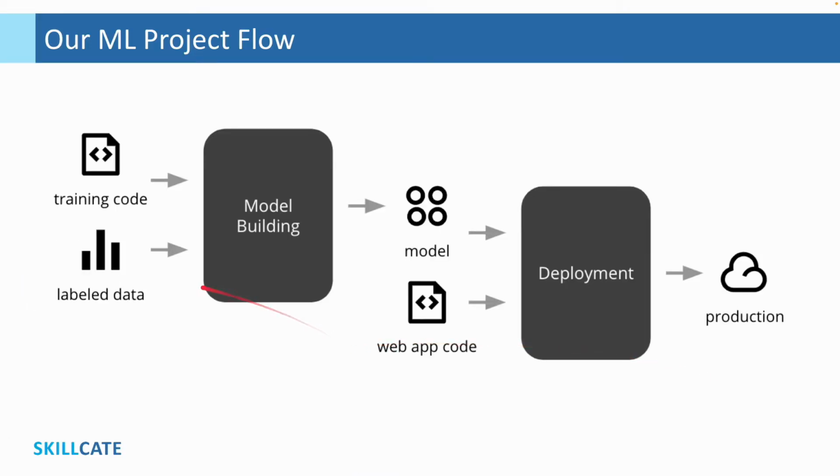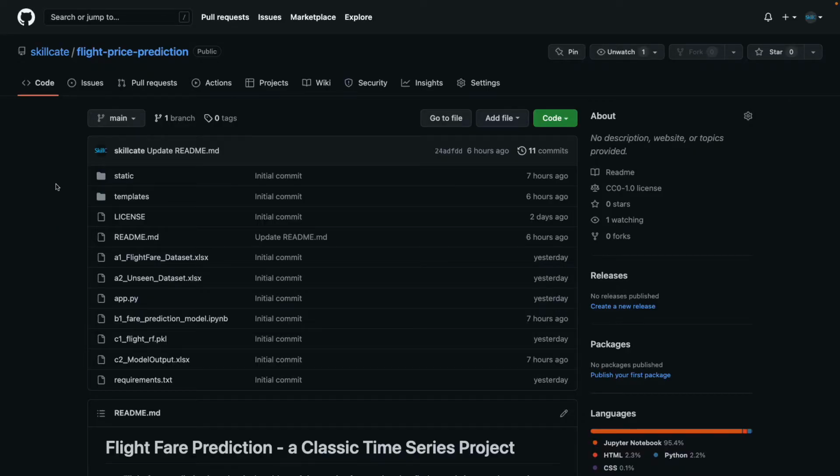Alright, now we are done with the stage 1 of model building, and we are now all set for deployment of our flight fare prediction app. For this, let me open up the GitHub repo for this flight fare prediction project to get started. So now I'm on this GitHub repo for our flight fare prediction project.